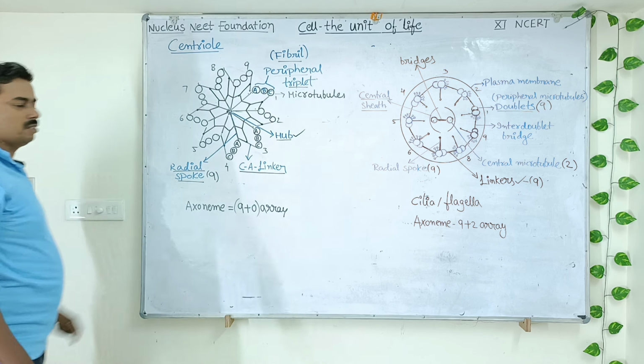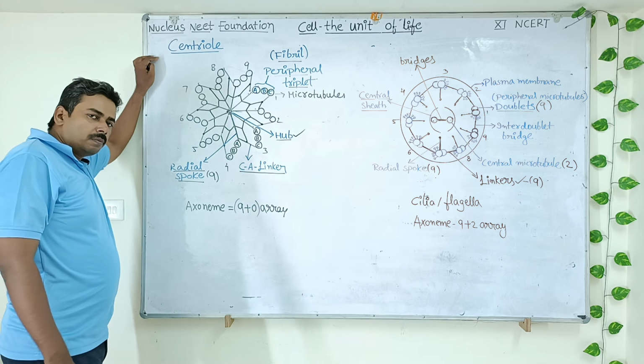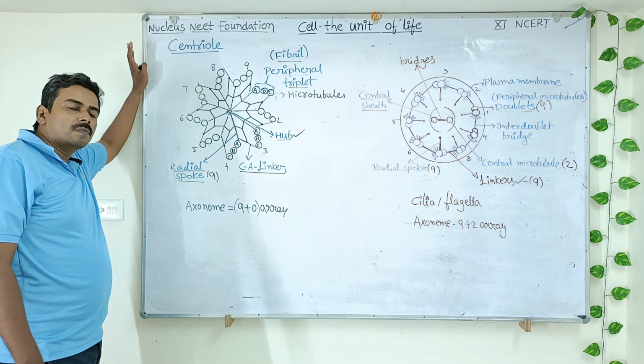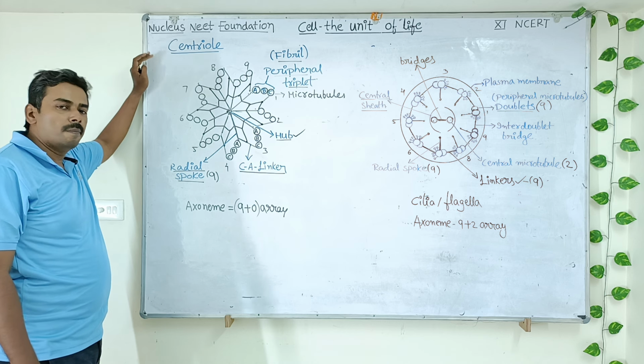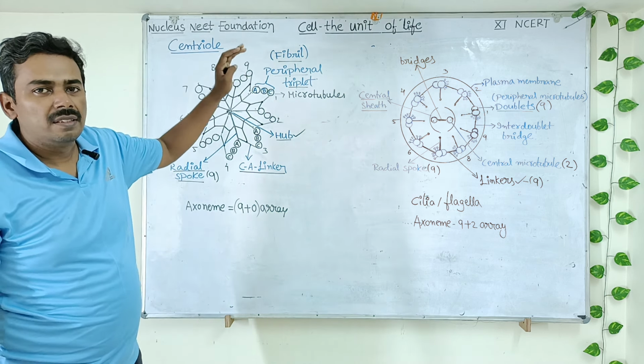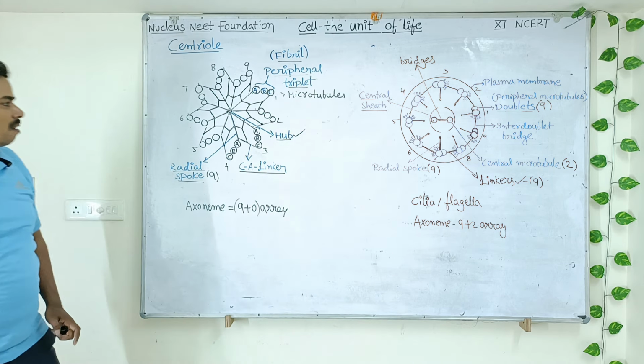That is the difference. Okay. Next, the centriole is part of the centrosome and it is also part of the basal body. Whereas cilia and flagella are not part of any other cell organelles. So these are some of the differences.